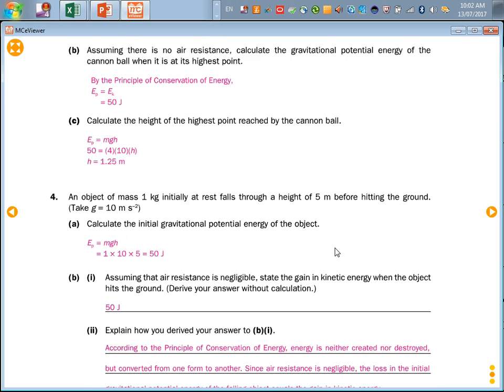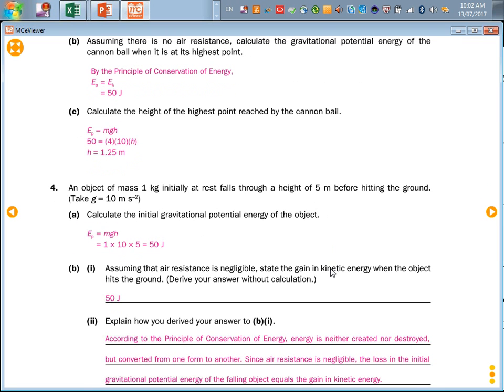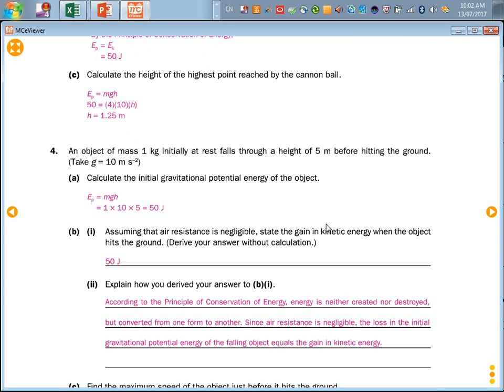Question for mass of 1 kilogram at rest initially. So initial speed 0, initial kinetic energy also 0. Falls through a height of 5 meters, then it hits the ground. GPE, mgh, 50 joules. Same type of question.